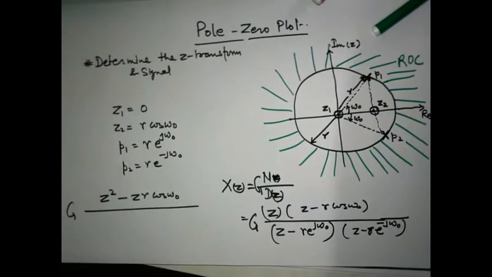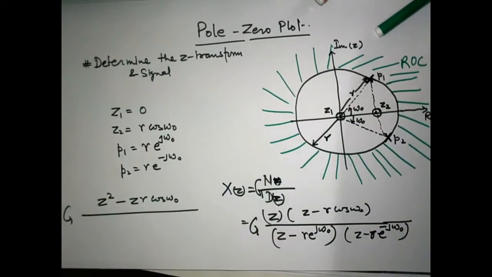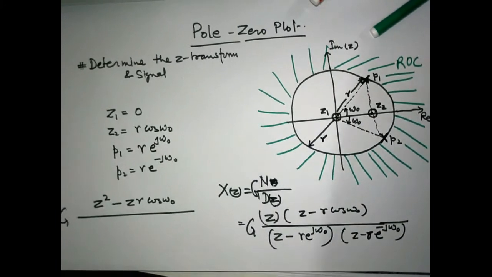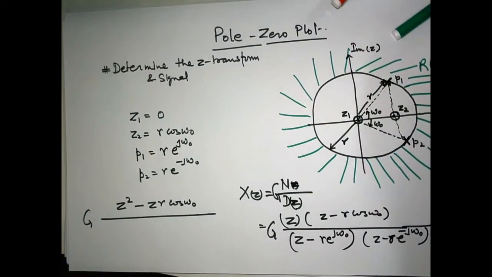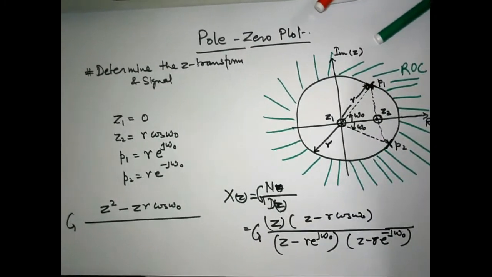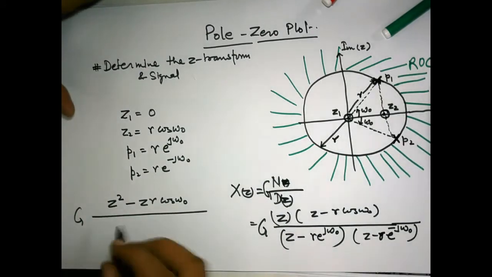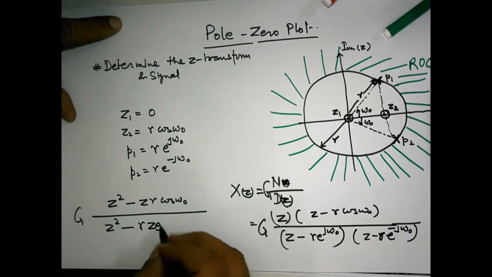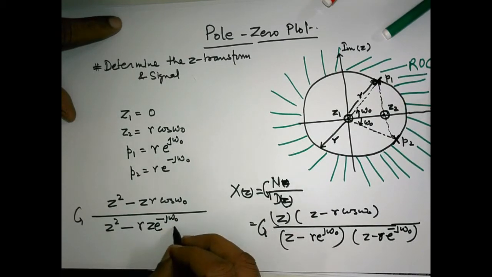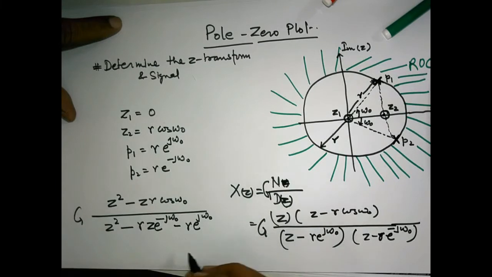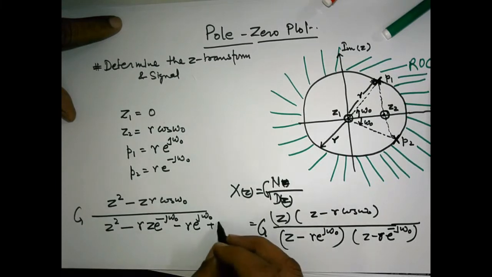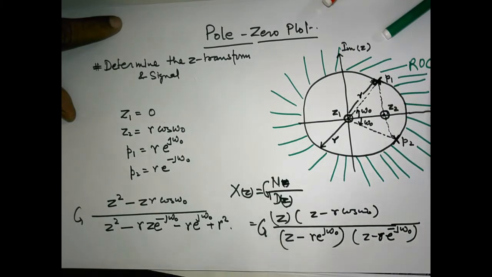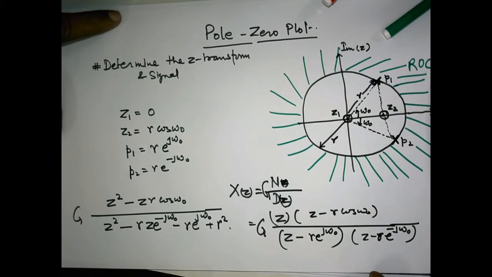Then the denominator is z² − r z e^(−jω0) − r z e^(jω0) + r². Is it the correct multiplication?